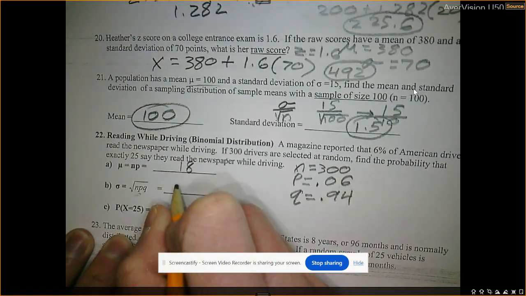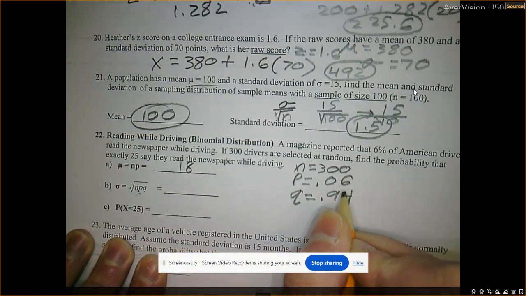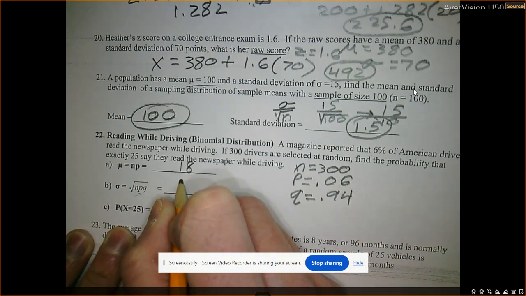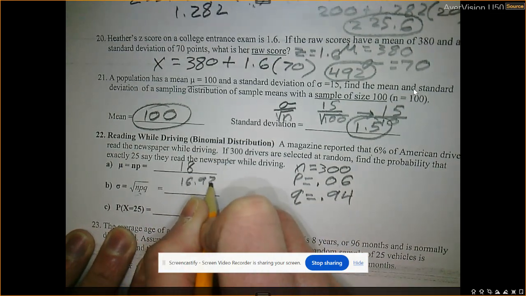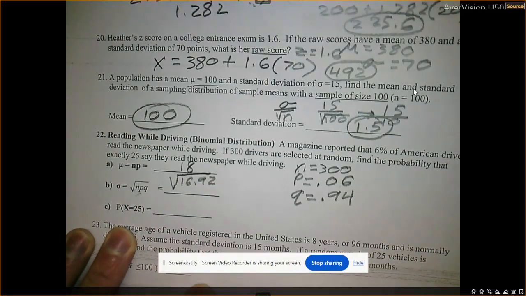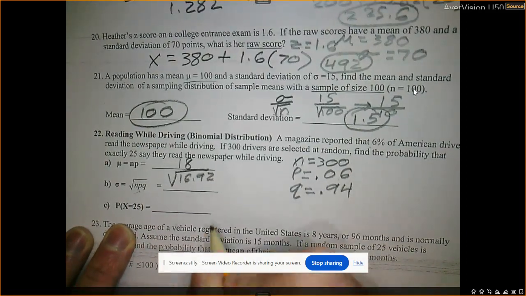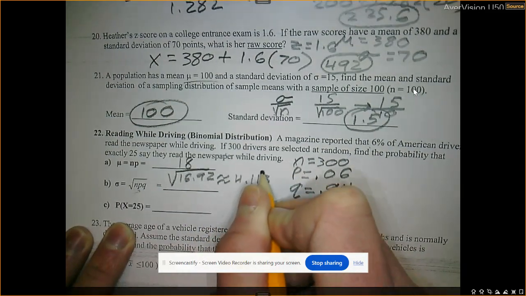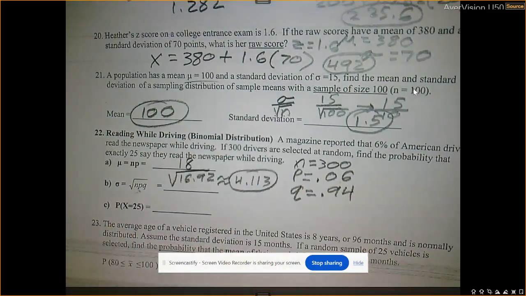So that's 300 times 0.06 times 0.94. That's 16.92, and then you take the square root of that, and you get about 4.113. That's your answer there.